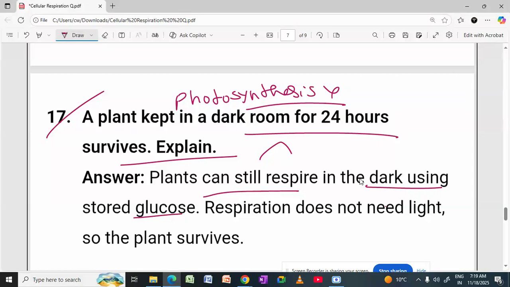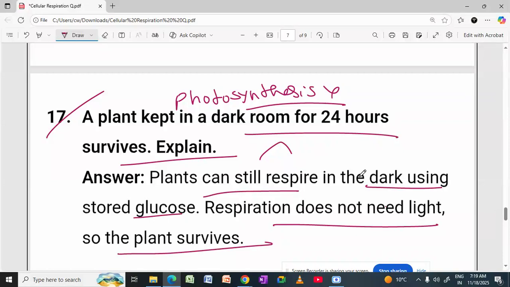Very interesting, plants can still respire in the dark. So respiration does not need light.